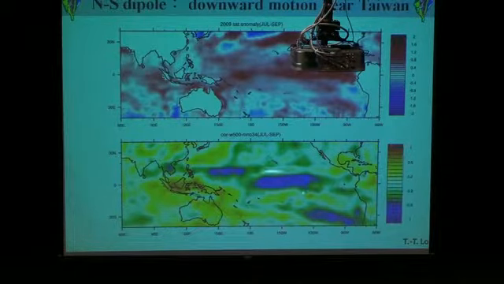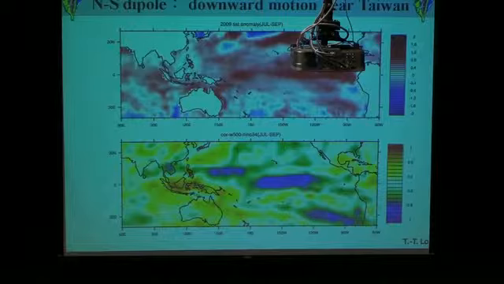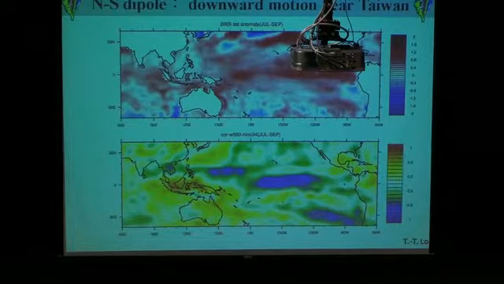So there's no doubt you can get more upward motion over the Niño 3.4 area and also in the southern part of the Philippine Sea. But in the Taiwan area, you got yellow color again. That means although it's not a very huge correlation, it has a tendency to produce a downward motion anomaly, or at least it means that the upward motion should not be strong.